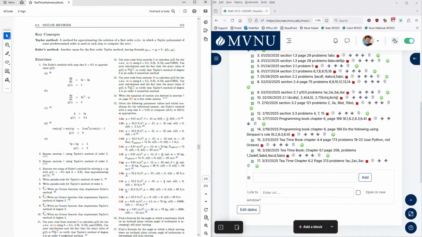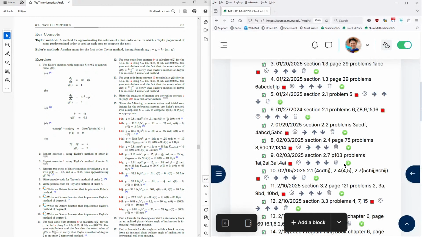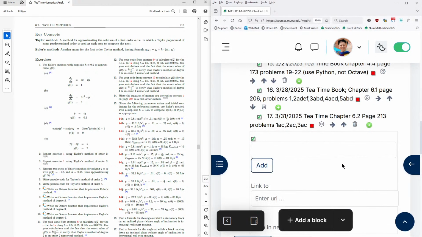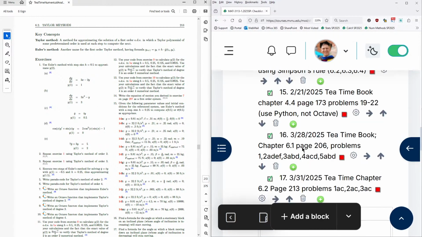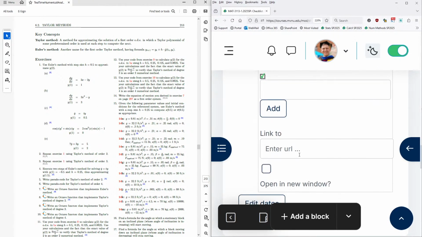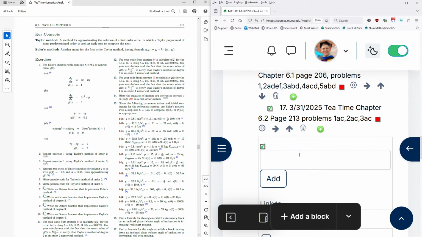If you could see it, you'd see that I'm asking you to do problems 1AC, 2AC, and 3AC in the next section, section 6.2. You might think, why is it A and C every time? It's because 1AC has you do these two differential equations that you can't see because they're so small.